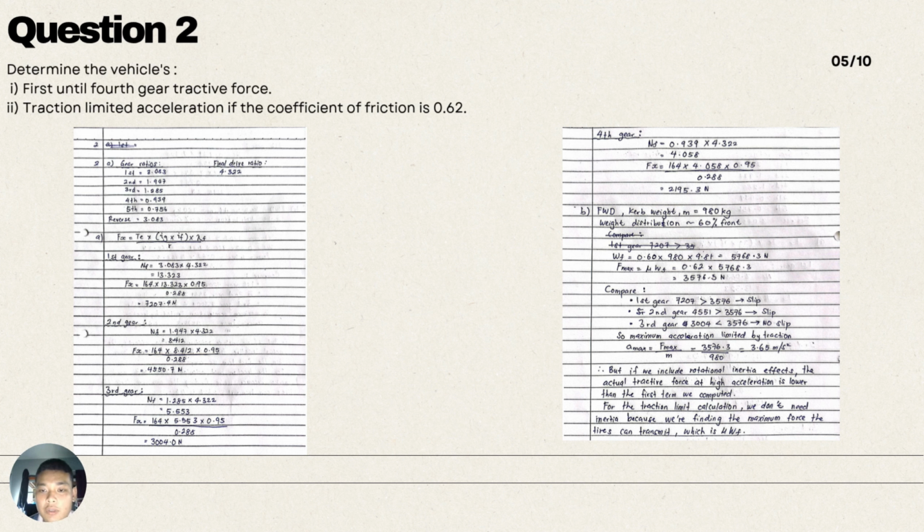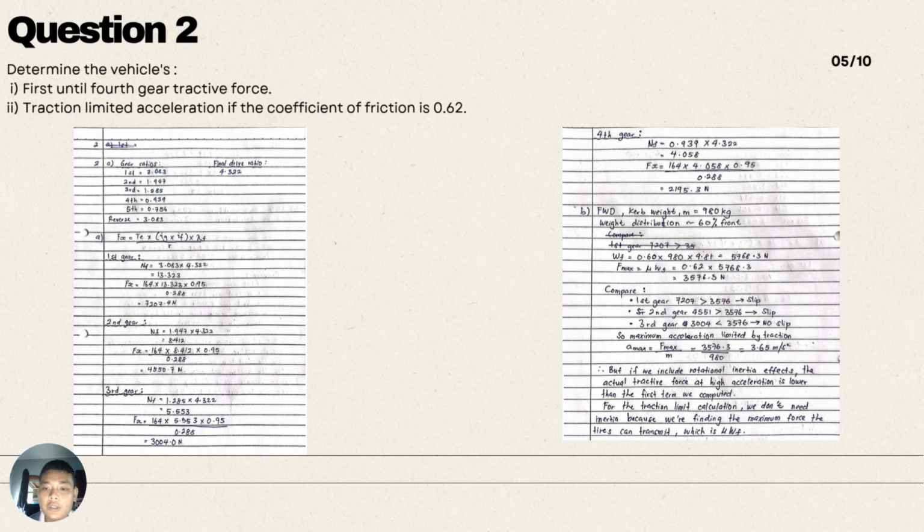So the maximum acceleration is limited by traction. A max equals F max per m, which equals 3,576.3 divided by 980, equal to 3.65 meters per second squared.